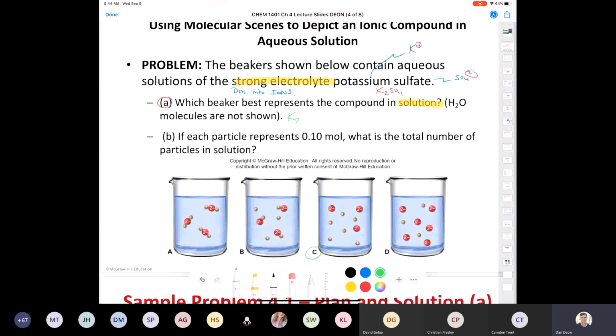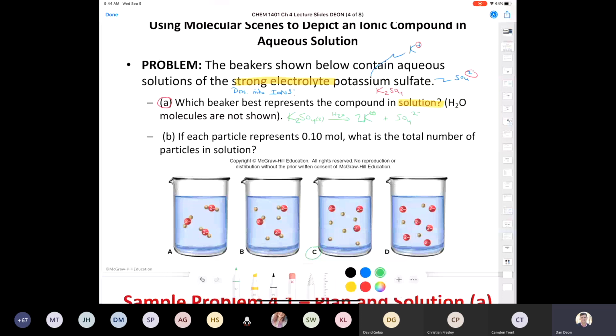What's going to happen is your K2SO4, right? When you put that in water, it's going to break apart into 2 K+ ions, right? Because there's 2 potassiums, and we already went over why the charge is +1, and I'm going to end up with a sulfate. So that means the ratio of potassium ions to sulfate is 2 to 1.